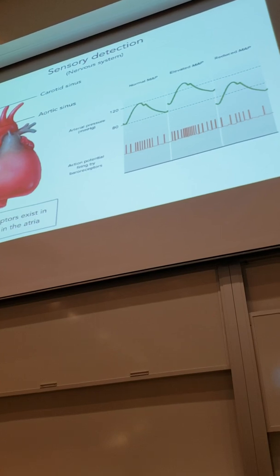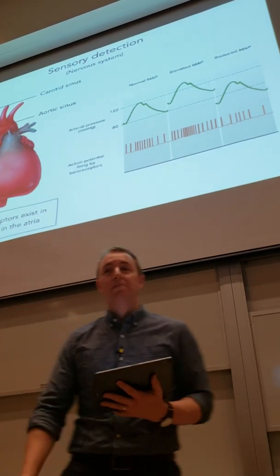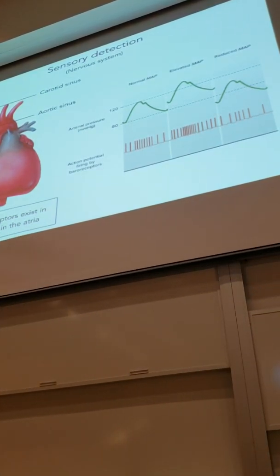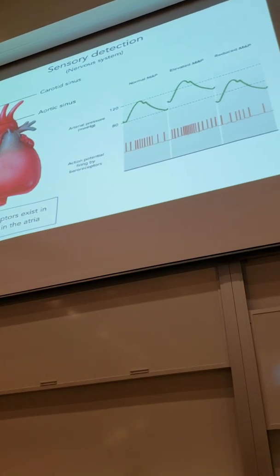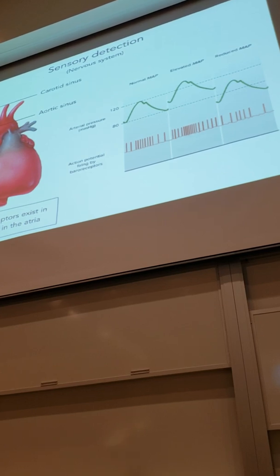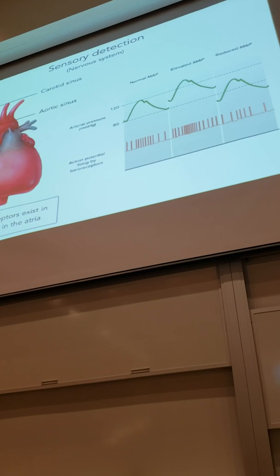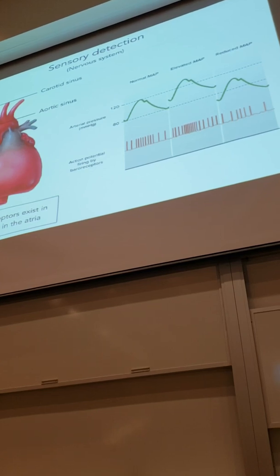There are venous baroreceptors. And we find these in the large veins and in the atria of the heart itself. And we don't know as much about these. In fact, we're not going to spend much time talking about them at all. But because they're in veins, some people like to refer to these as volume receptors.